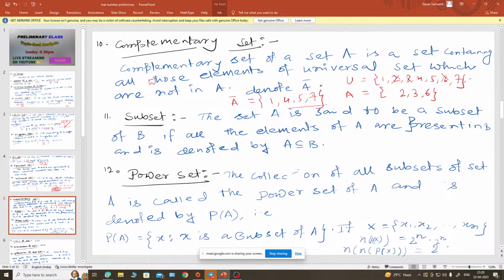Is it clear to everyone? Complementary set means elements of universal set which are not in A. Okay. Is it clear? Please comment.